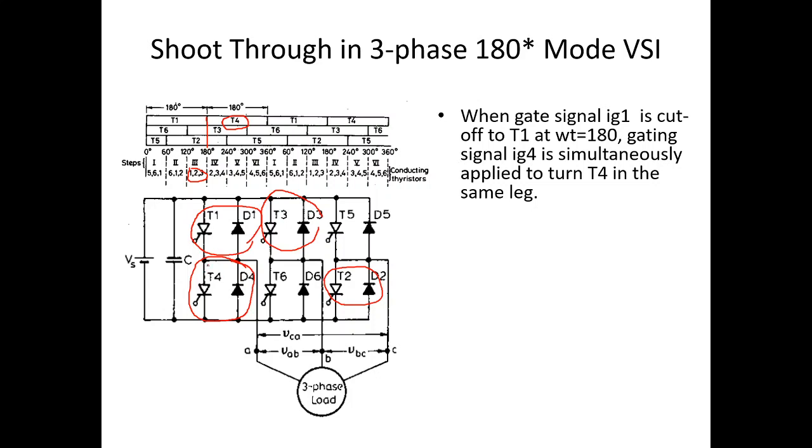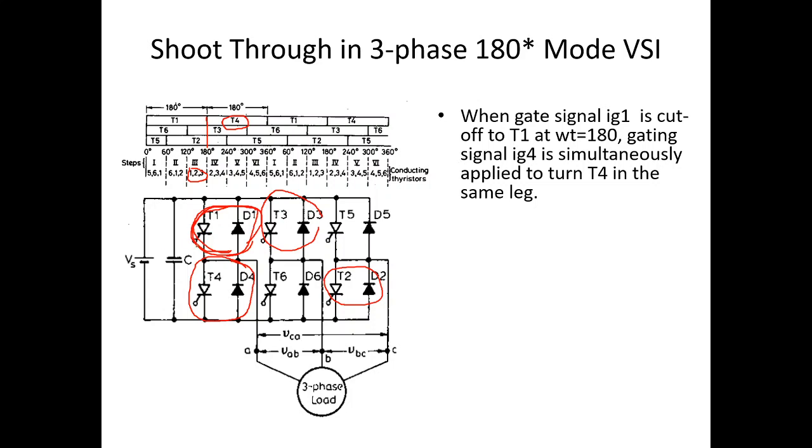Switch 4 is turned on, and in case switch 1 is taking some time to turn off, usually that is the case, right? Usually switches have some delay in going from on to off, which is known as turn off delay. Even if you remove the gate pulse, the switch will conduct for a short period.